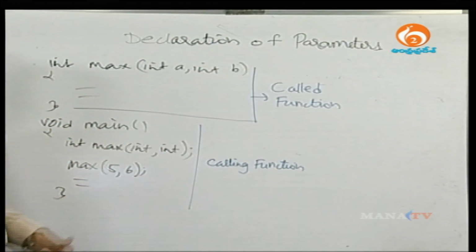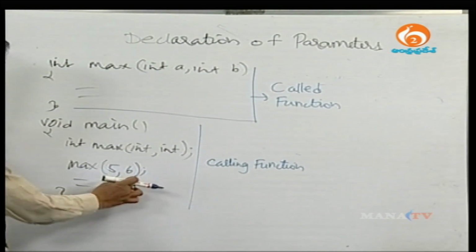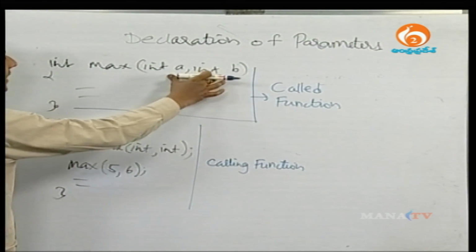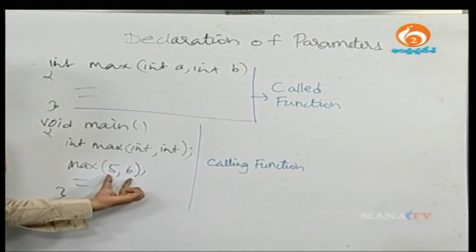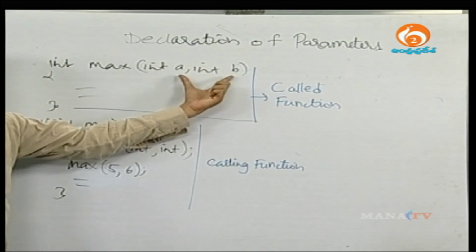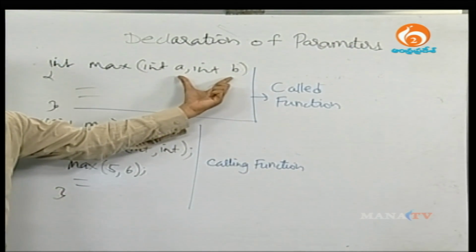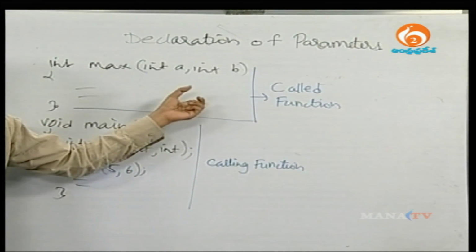Here, where are the parameters? These 5, 6 are the parameters, and A, B are the parameters. Here 5, 6 are the actual parameters, and A, B are the formal parameters. A parameter is an input to the function.